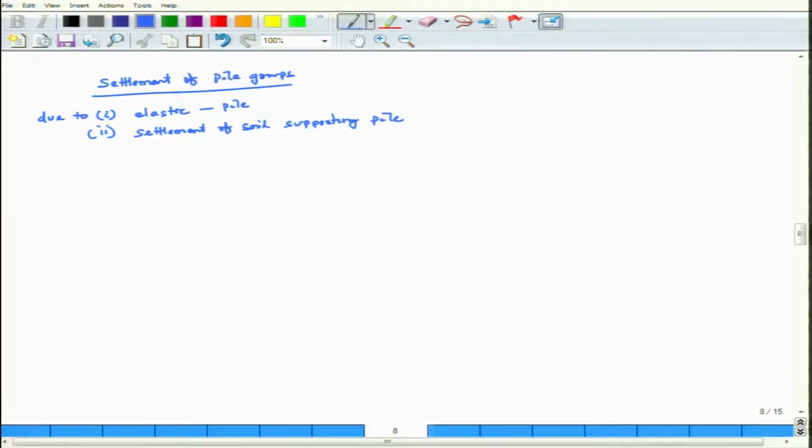So there are three cases how to find out settlement of the pile group. Case 1, particularly in clay, case 1, let me put it in that way. These are friction piles.